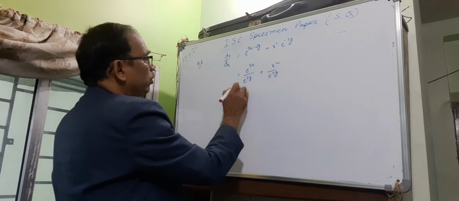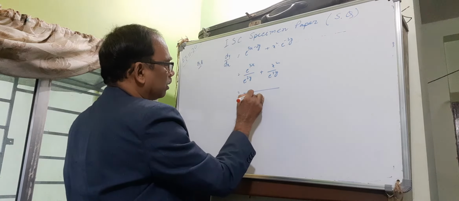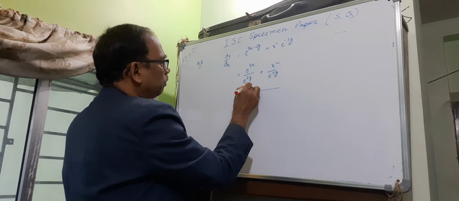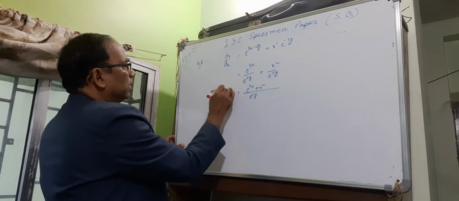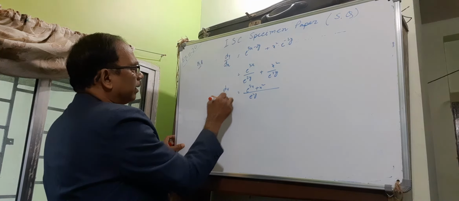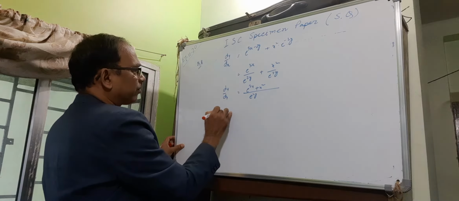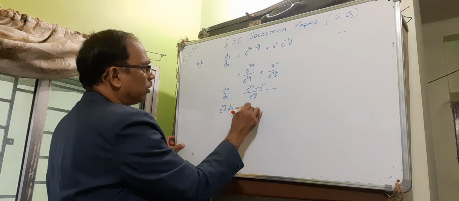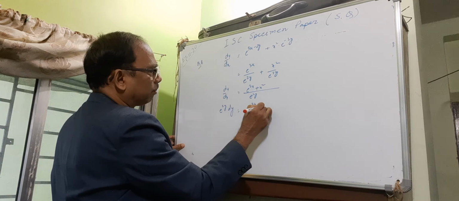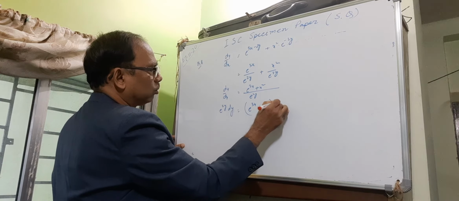Now e to the power 2y is the LCM. So (e to the power 3x plus x square) over e to the power 2y is dy by dx. Bringing 2y to the left, e to the power 2y dy equals (e to the power 3x plus x square) dx.